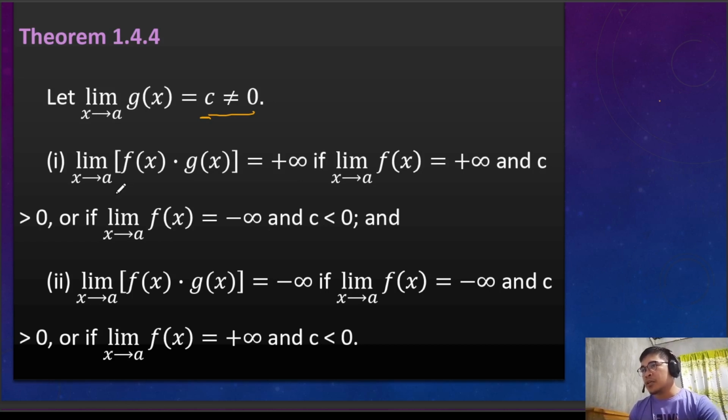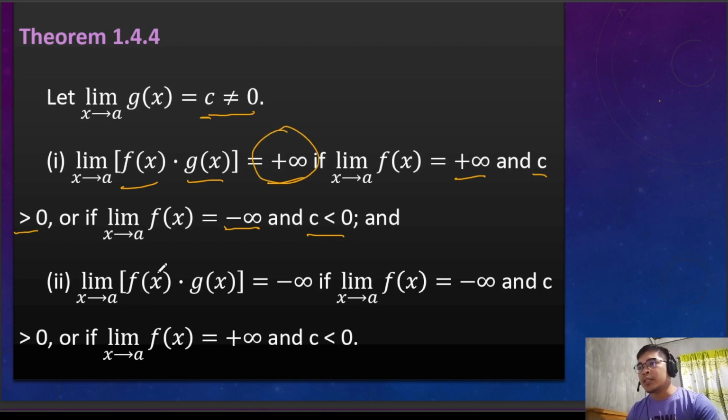So first, the limit of f of x times g of x as x approaches a is positive infinity if the limit of f of x is positive infinity, and our c, which is our g of x limit, must be greater than 0. Or if the limit of f of x as x approaches a is negative infinity, and our c is less than 0, we get positive infinity.